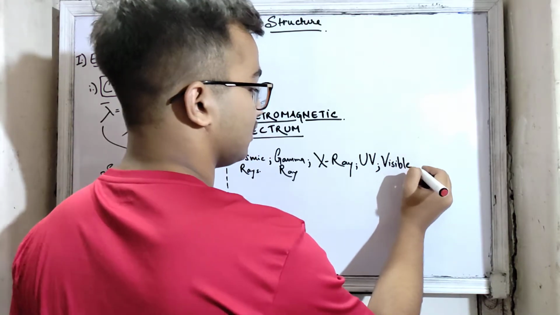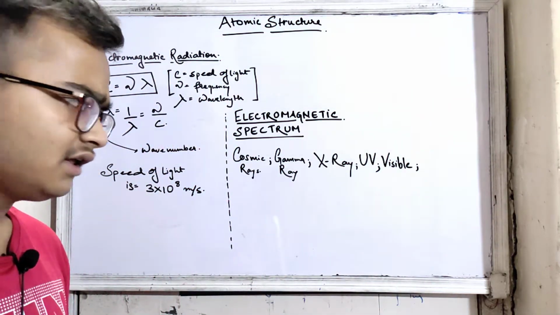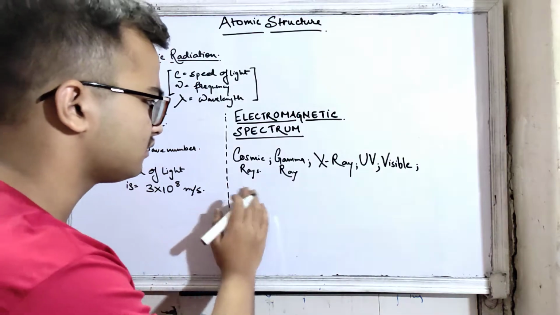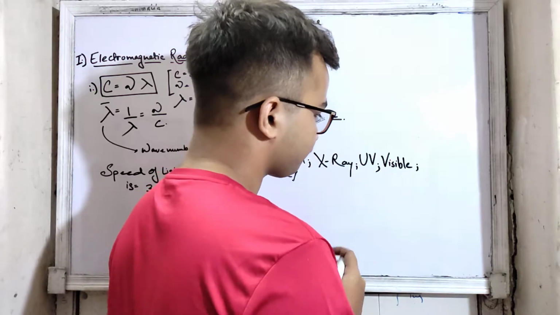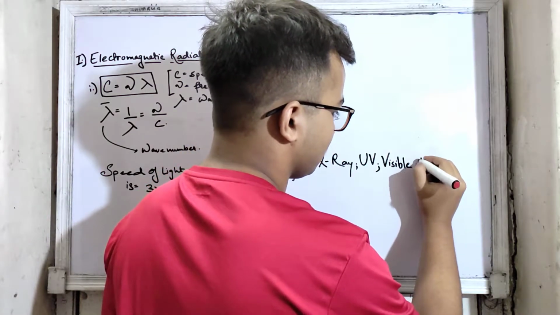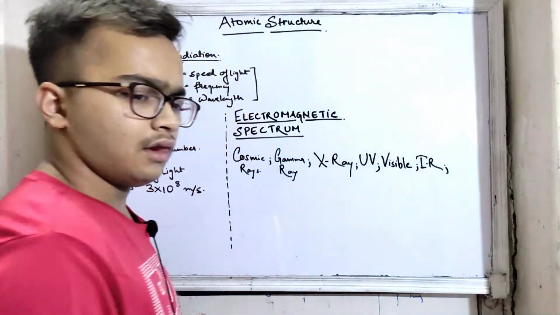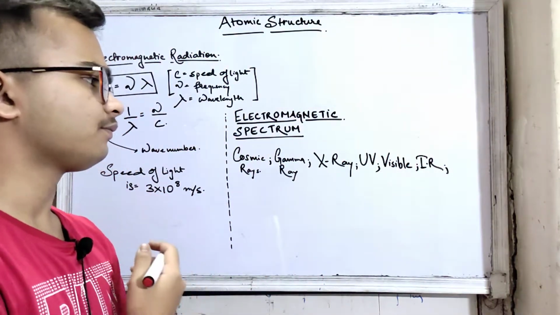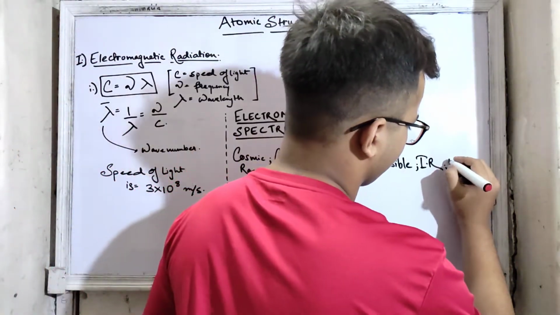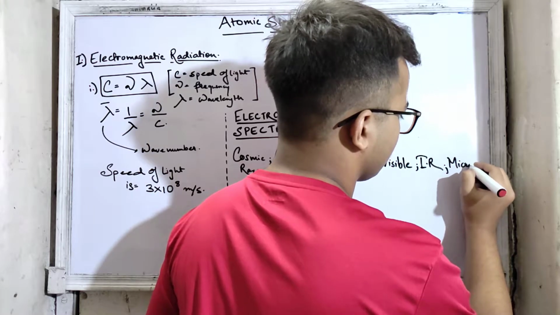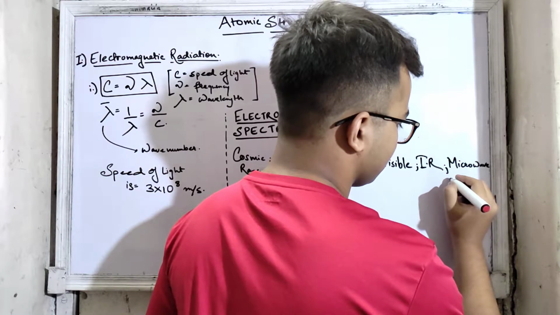Visible means the waves which we see, the colors which are visible to the normal human eye, is called the visible ray. This range is not visible. After visible ray comes infrared, IR, and after that we get a ray which is called microwave, and at last we get radio wave.